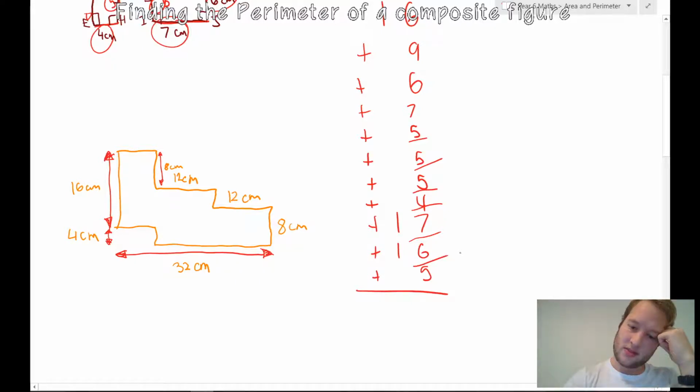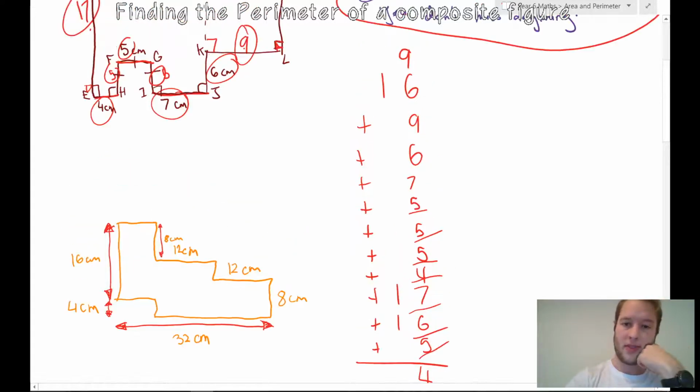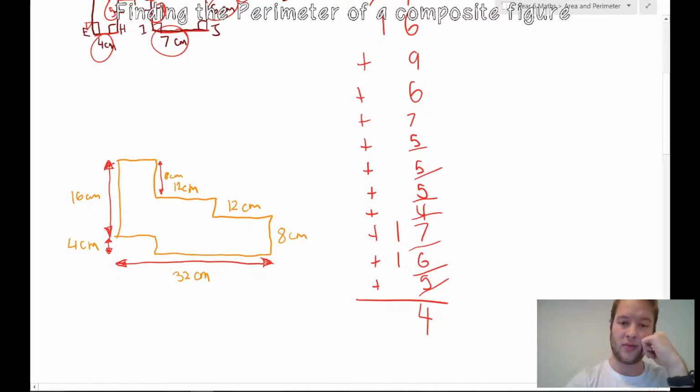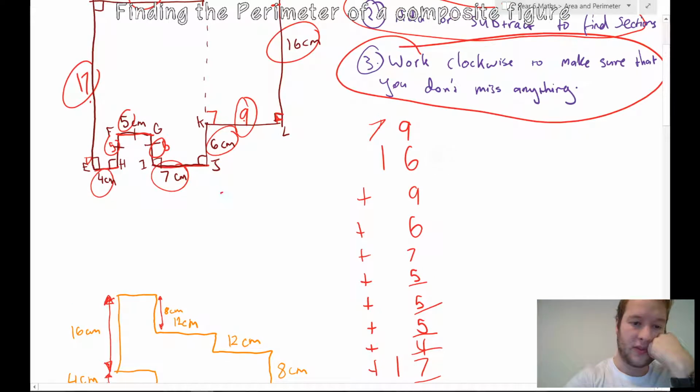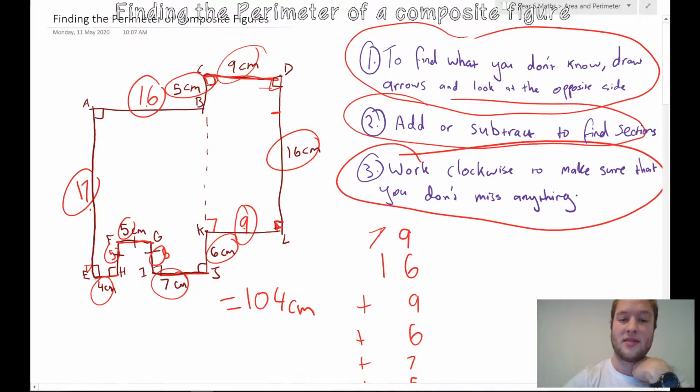Plus 6 will be 69. Plus 5 will be 74. Yep. And then put my 7 up here. So 7 plus 1 is 8, plus 1 plus 1 is 10. So my answer was 104. So back here I'll say it equals 104 centimeters is my answer.